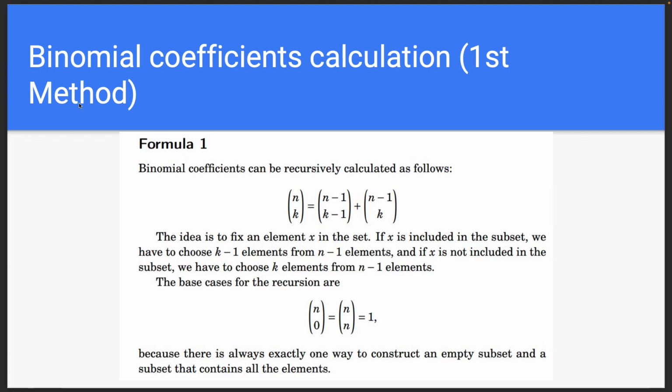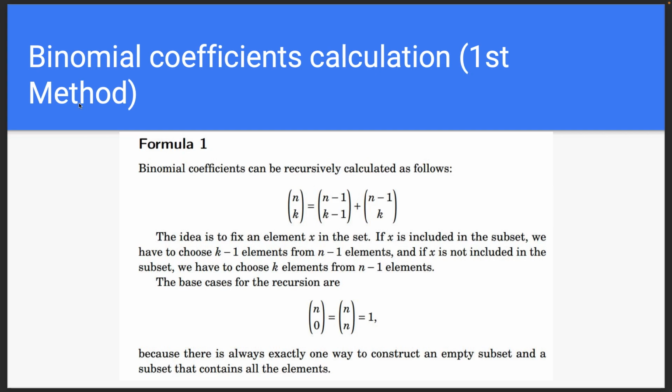There are only two possible things for it: it's chosen or it's not chosen. If it was chosen, out of the n minus 1 remaining elements, we should choose k minus 1 elements. So that would be the combination of k minus 1 and n minus 1.